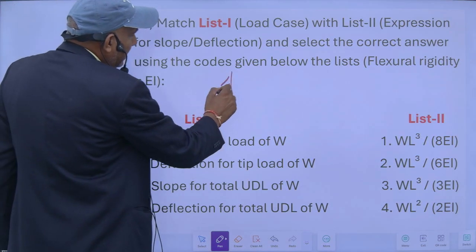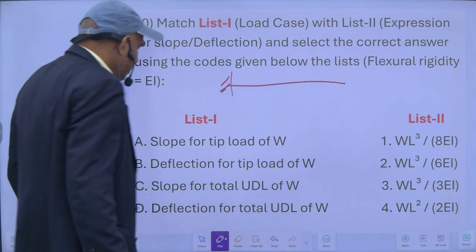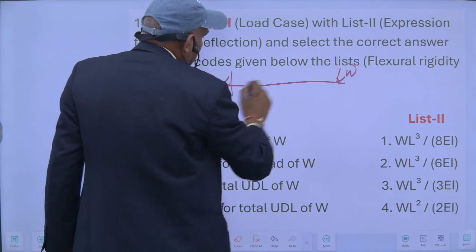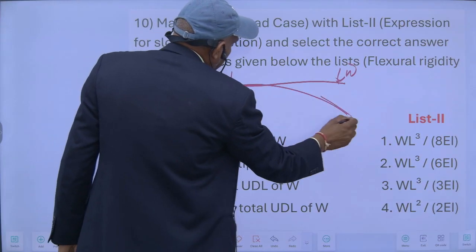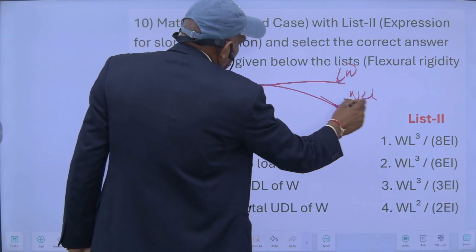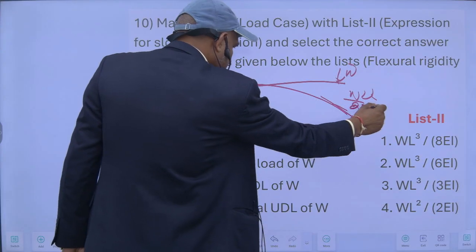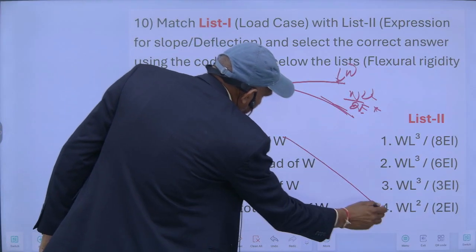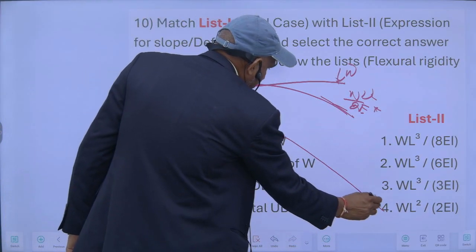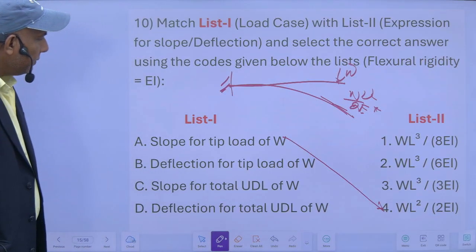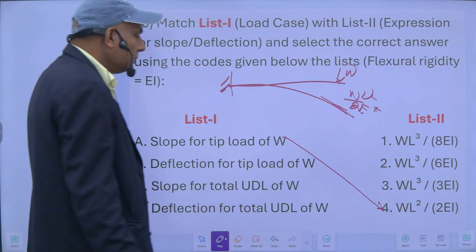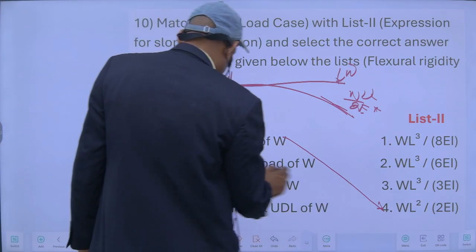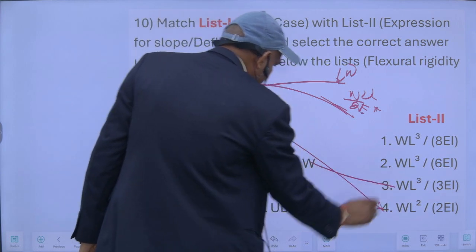So slope for the tip load, means load at this end, will be WL square upon 2 EI, means A with 4. Deflection for the tip load of W will be WL cube upon 3 EI, B with 3.